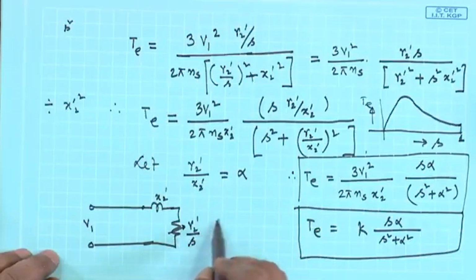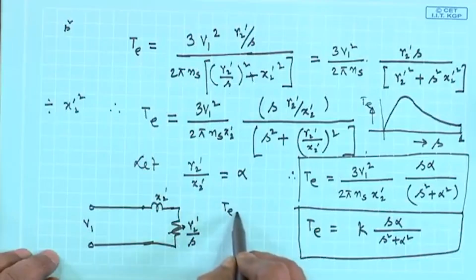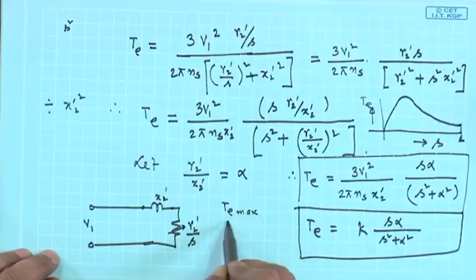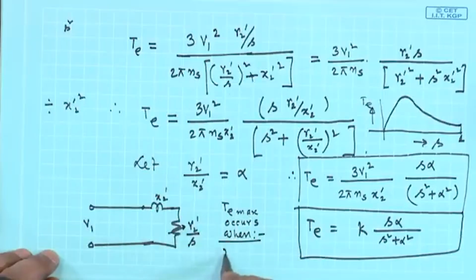Therefore, T max occurs, by applying the maximum power transfer theorem, when R2 dashed by S is equal to X2 dashed. Therefore, the slip at which maximum torque occurs is R2 dashed by X2 dashed.